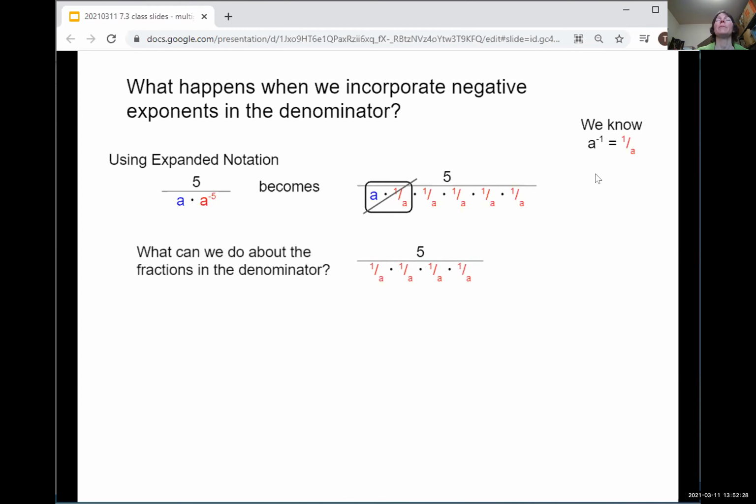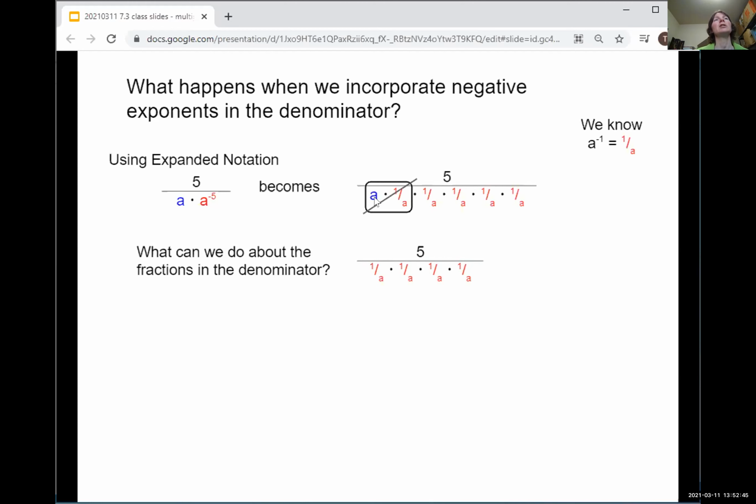But fractions in the denominator are messy, and we don't really want to have fractions in the denominator. We don't want a complex fraction. We want something cleaner than that. And we can't just rewrite it as an exponent on the bottom because it would still have a negative exponent. So we've got to make those go away.